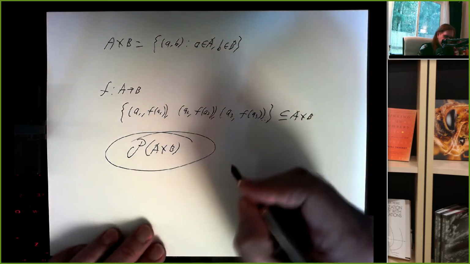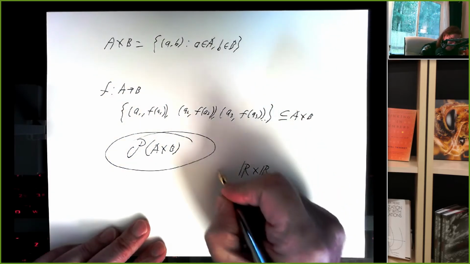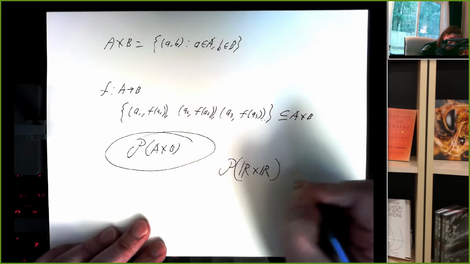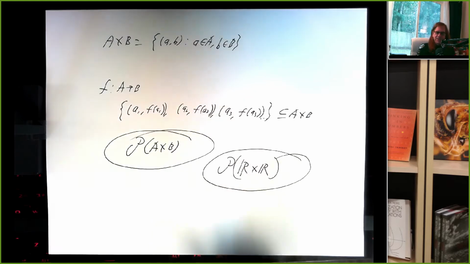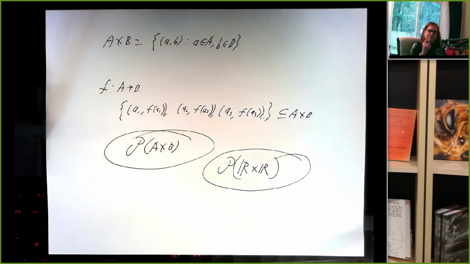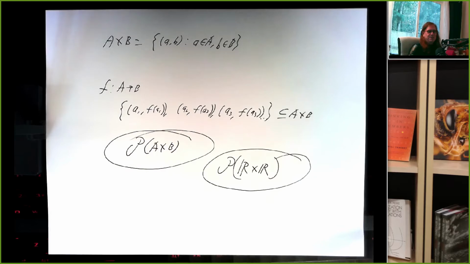Which means, if we take the reals cross the reals, and we write the power set of that, this set, which is huge, contains every mathematical function you've ever studied the whole time you've been in school. Addition, subtraction, multiplication, division, square roots, squares, cubes, cube roots, logarithms, sines, cosines, hyperbolic, arctangents.